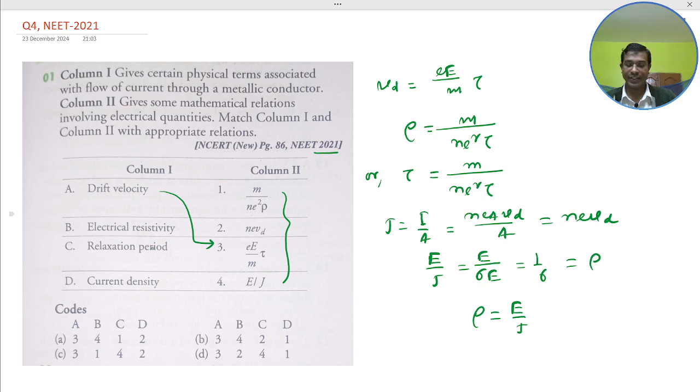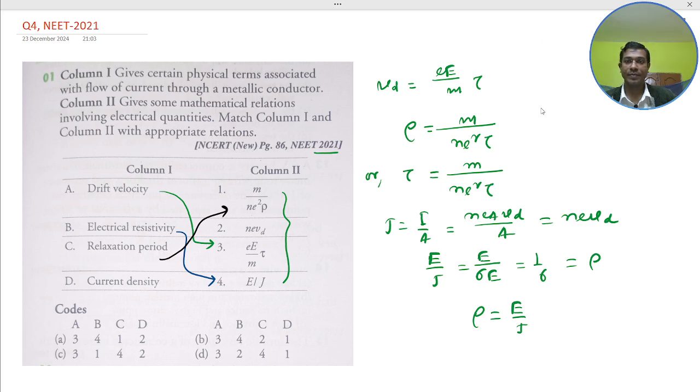Second one, the electrical resistivity would be E by J. Third one, the relaxation period, we just write here m by n e square rho.